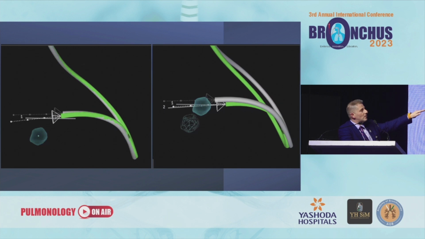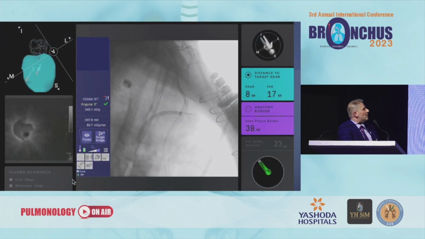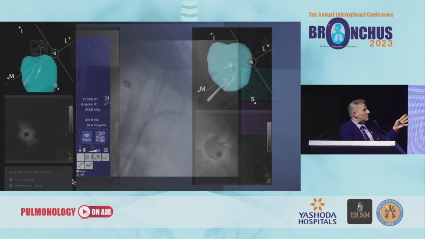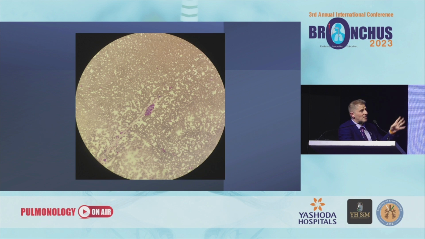So we know where the previous target is and where the new target is. Confirming again with radial EBUS, you can see that we are now more concentric, and we got the sample from that area, which shows adenocarcinoma.